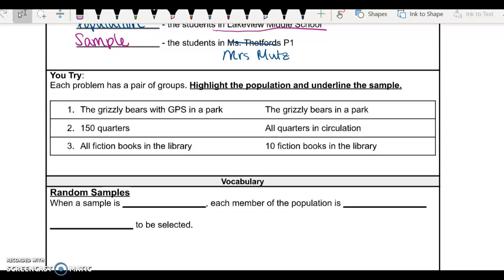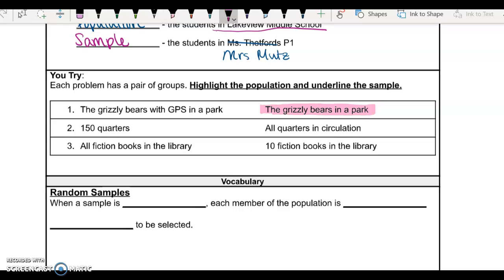So for each problem, we are going to determine which is the population by highlighting that, and then we're going to underline the sample. In number 1, we have the grizzly bears with GPS in a park, or the grizzly bears in a park. The population would be all of the grizzly bears in the park.